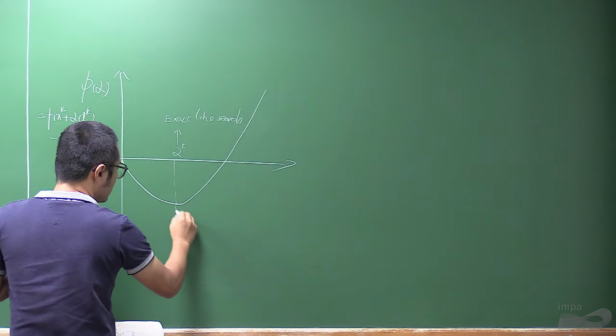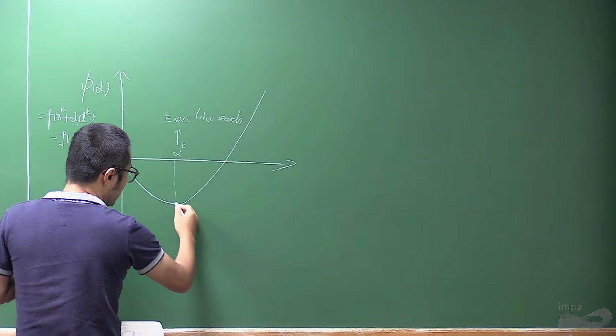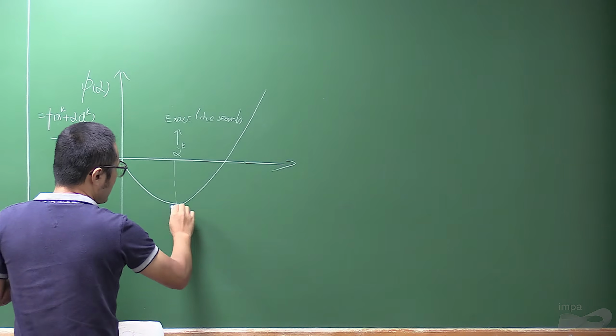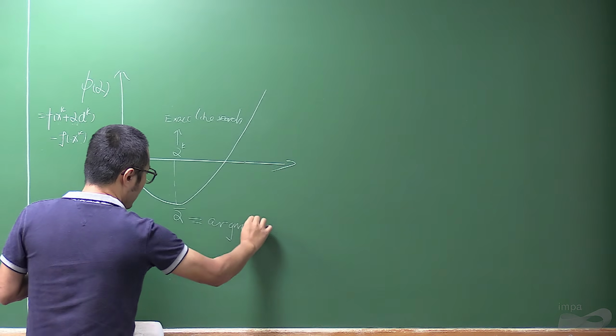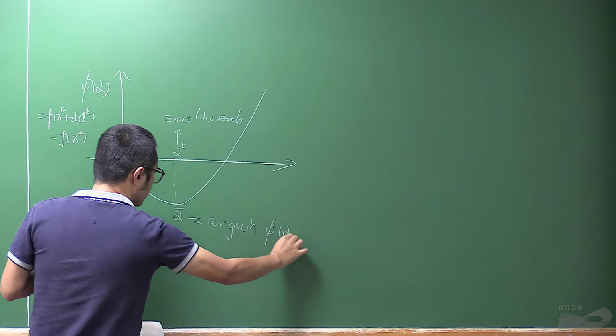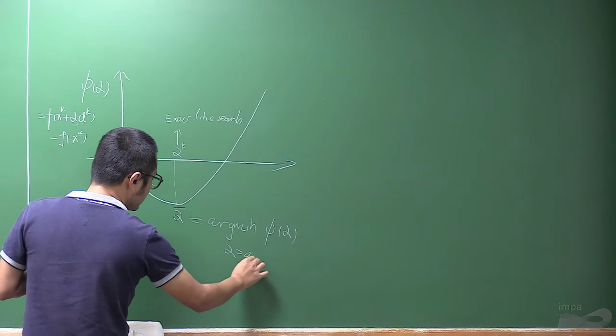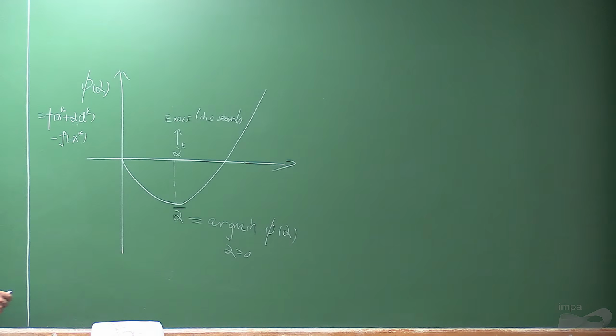Okay, so this point, or we can call it alpha bar, is equal to the argmin of phi(alpha), for alpha greater than 0. So this is the explanation of the exact line search.